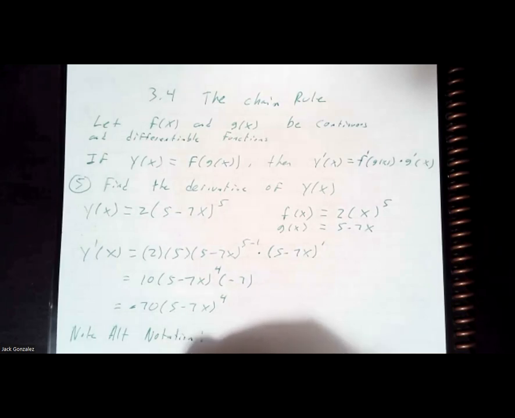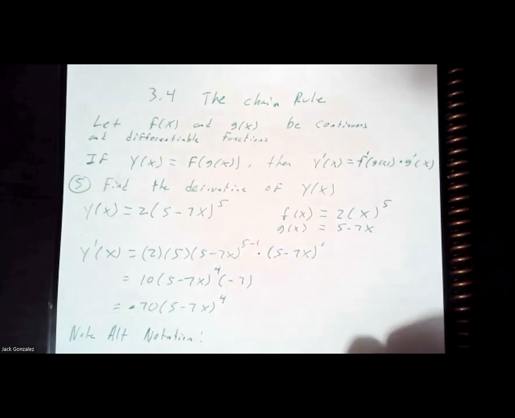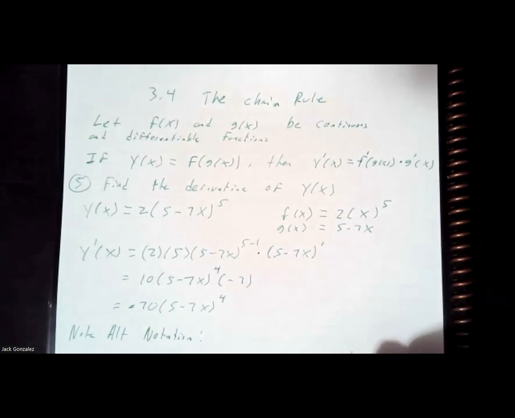If y of x is equal to f of g of x, then y prime would equal the derivative of f of g of x. I don't have space.